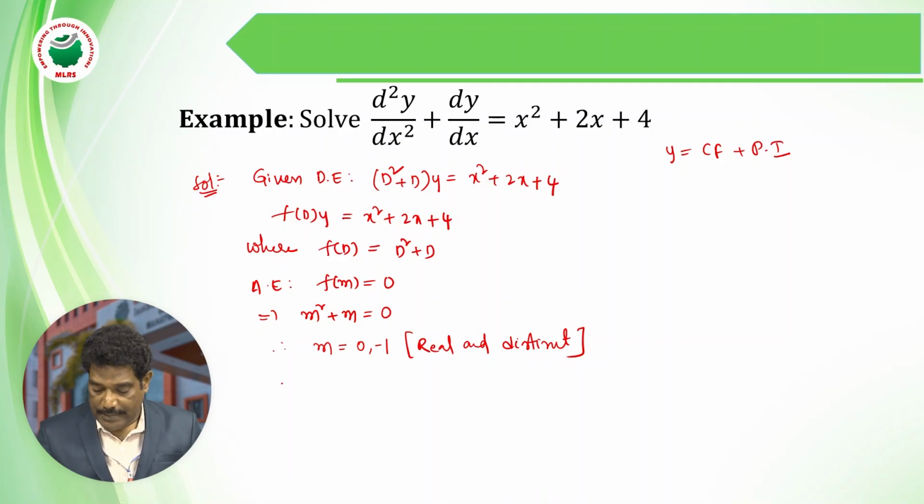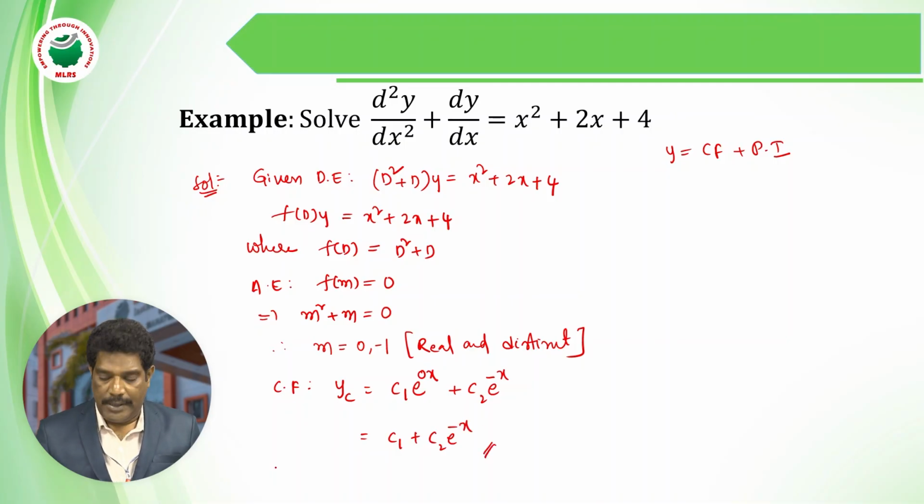We can write CF, that is yc equals c1 into e power 0 into x plus c2 into e power minus 1 into x. So finally we get (c1 plus c2 e power of minus x) as the required complementary function.